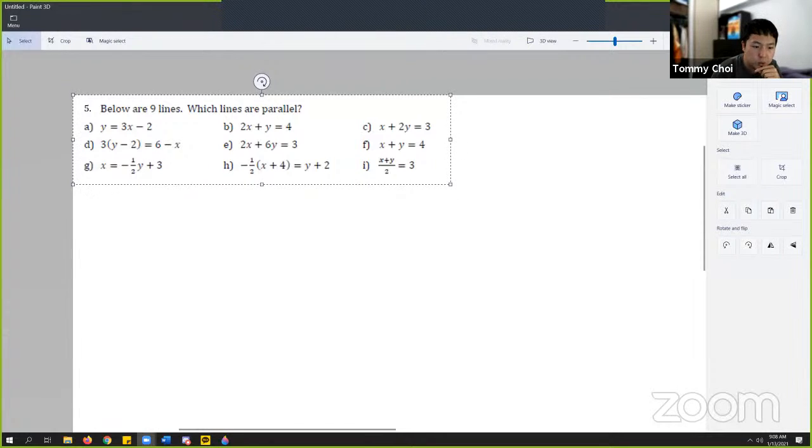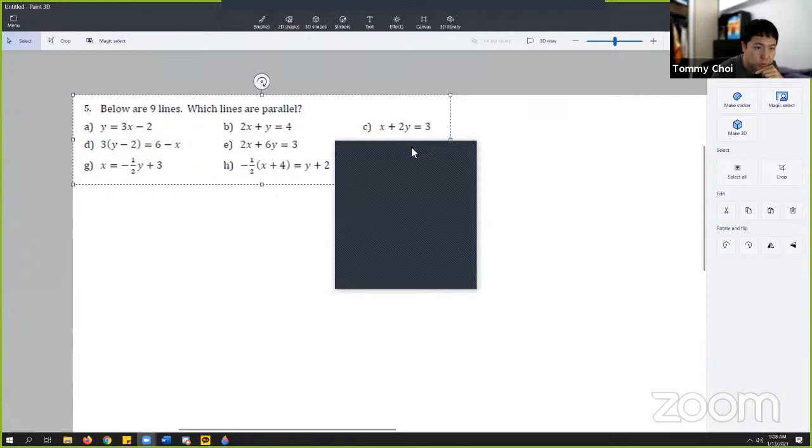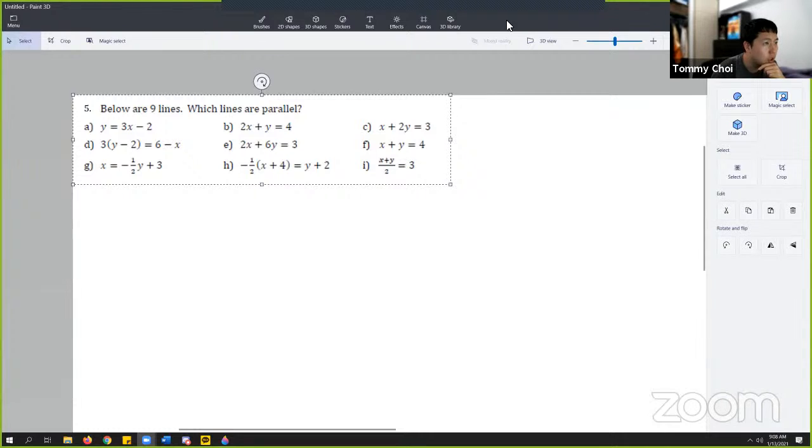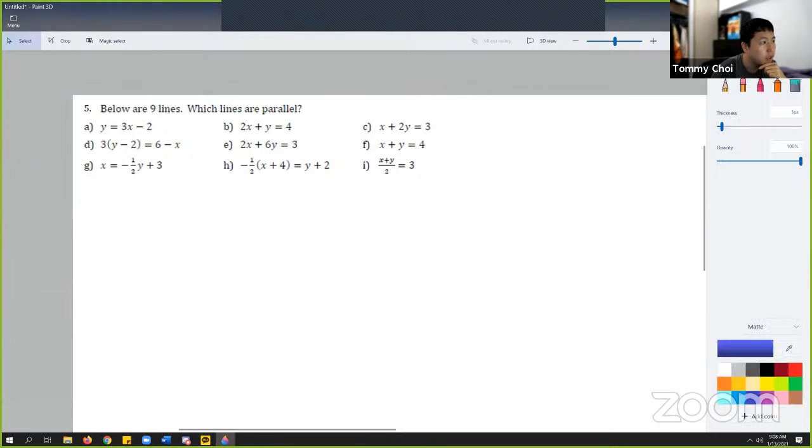So for question 5, this was a lot longer of a question than you would imagine. If you thought this was an easy question, ho ho, you were very, very wrong. Okay. So taking a look at this question here, it says below are 9 lines, which lines are parallel?